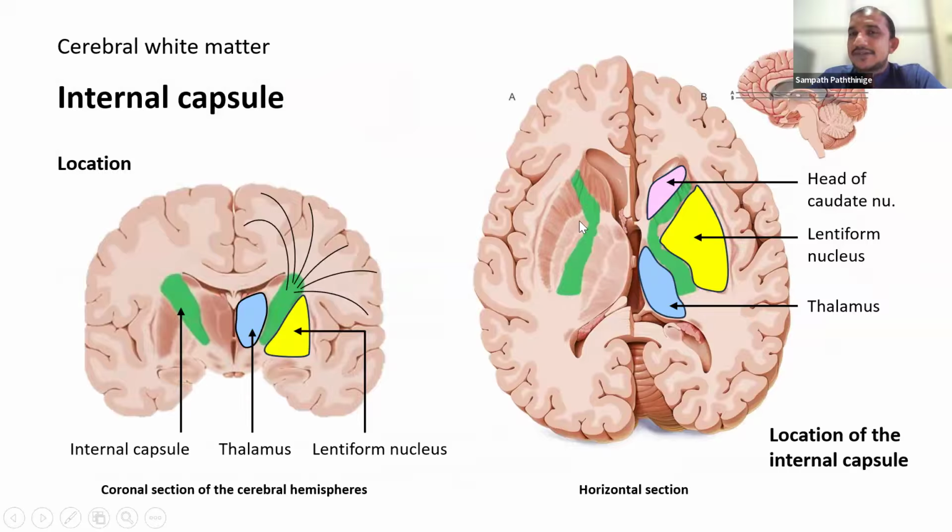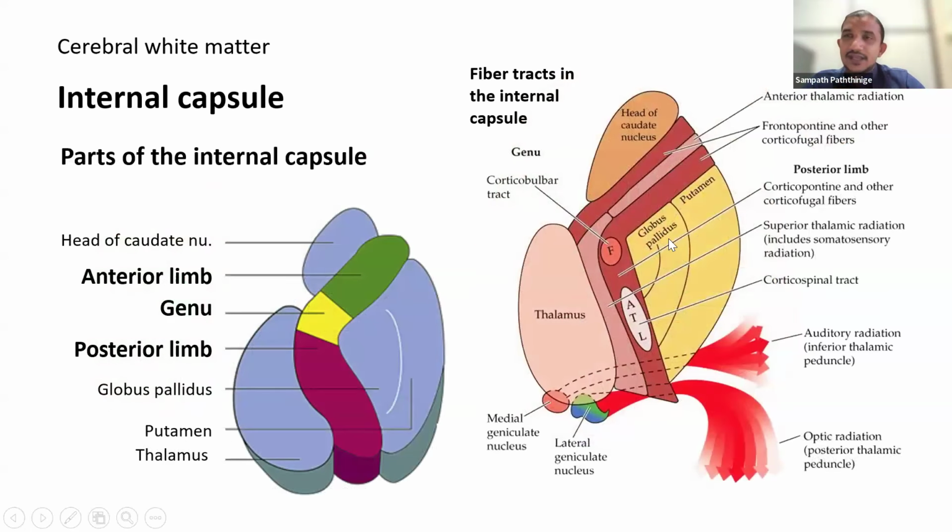So it is a wedge-shaped structure with the anterior limb, the genu, and a posterior limb. And it is good to have an idea about what is carried in each area. Especially, you need to remember the genu is the area which carries the corticonuclear fibers. The motor, so if there is damage to the genu, it will affect the motor cranial nerves, right?